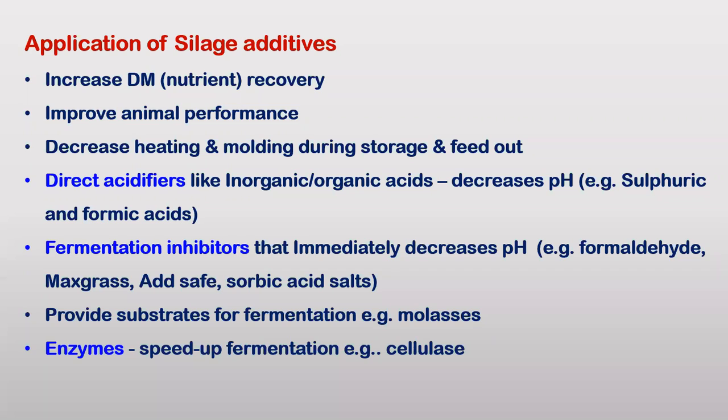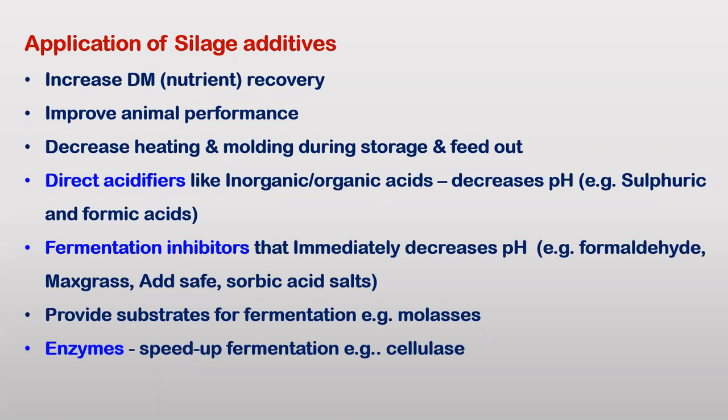Fermentation inhibitors immediately decrease the pH, like formaldehyde, and some others with different trade names are available in the market. Sorbic acid salt we can also use, and such additives also provide substrate for better fermentation.